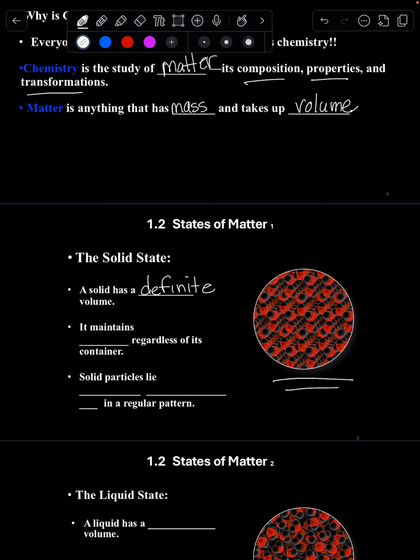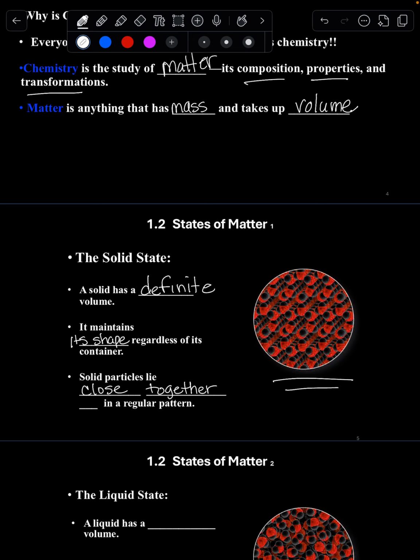It maintains its shape regardless of what container it is in. Maintains its shape, so some say it has a definite shape. And then lastly, the particles lie close together in a regular pattern.